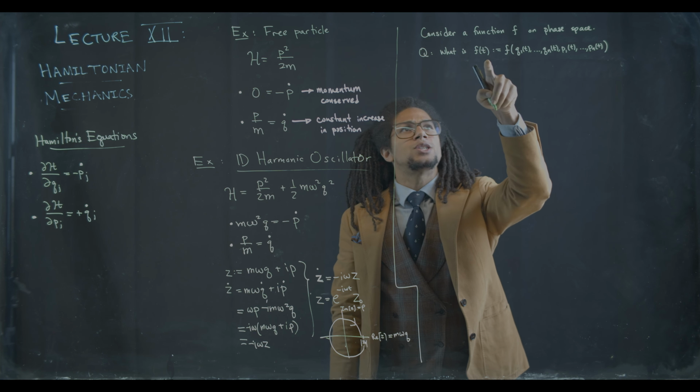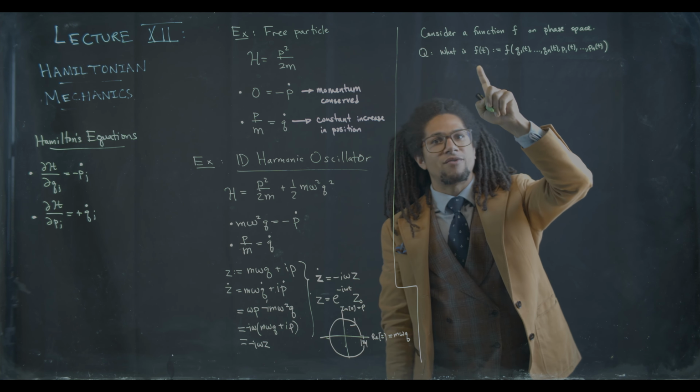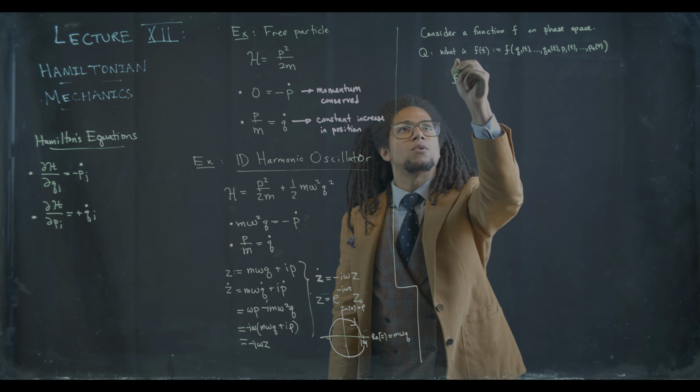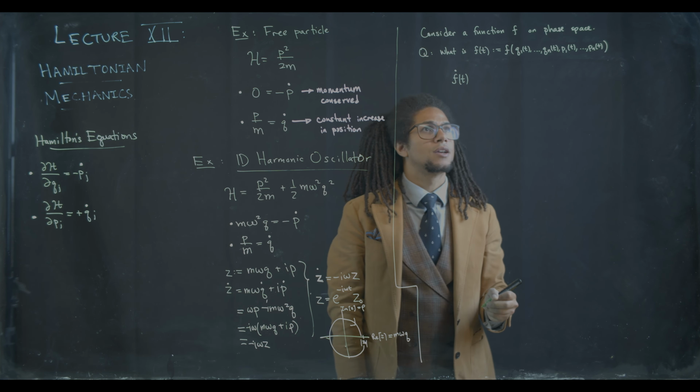In particular, I don't know that I'll be able to find this, but maybe if I take a derivative, I can find something. So let's note that f dot of t, well, in order to take that, I'll need to use the multidimensional chain rule again. So I need to take a derivative with respect to each one of these arguments, and then a derivative of that argument with respect to t. Okay? So I'm going to plug this in.